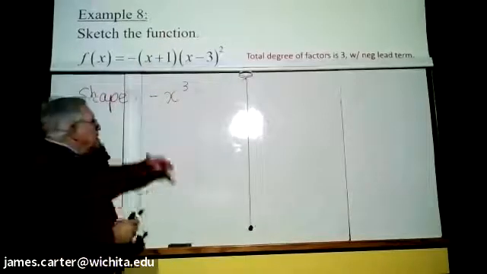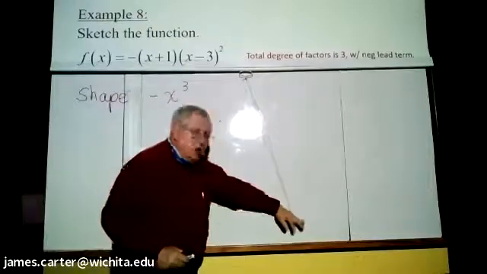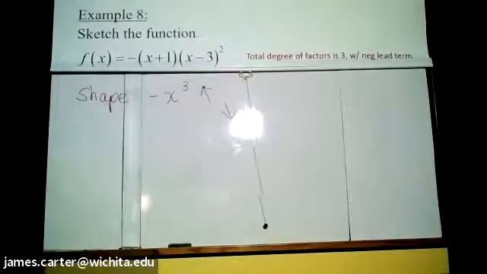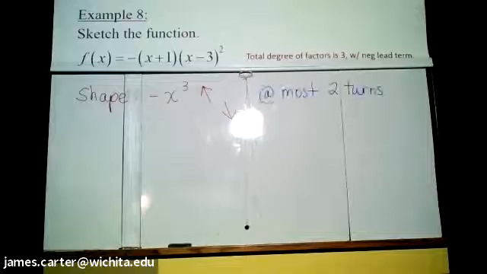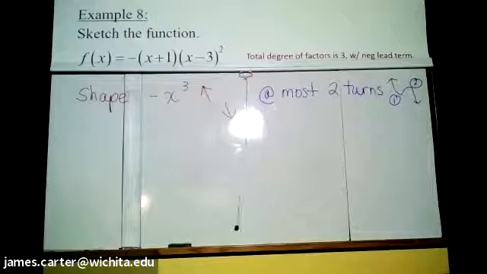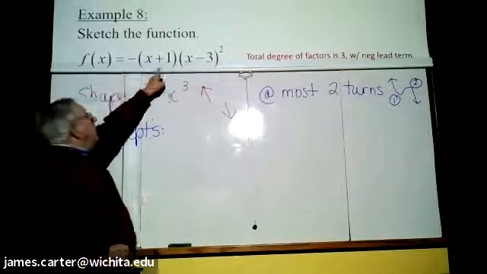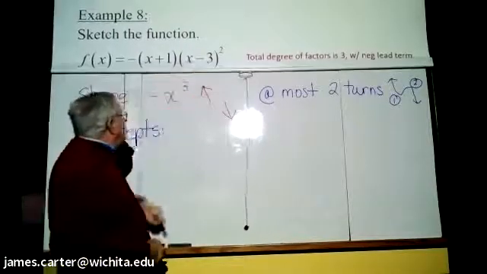So that means that this is going to go high to low before you're finished. We can have at most 2 turns in this thing. Now let's find the values. Our x values are going to be -1 and +3.